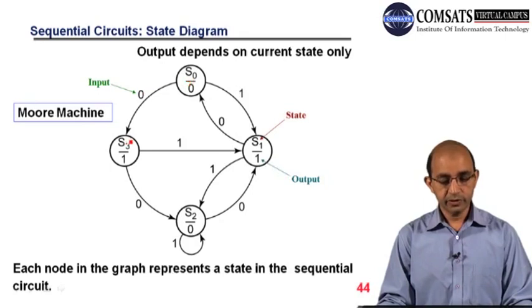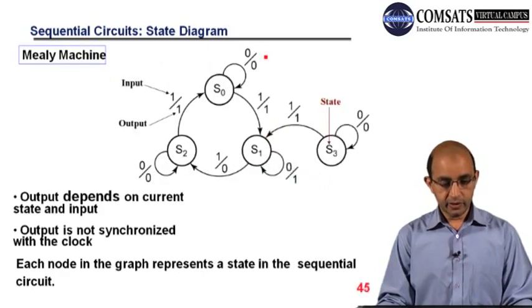You can see that output depends only on the current state. So this is the output. There is no dependency of this output on the input. So you can say that in a Moore machine, output is only dependent on the current state.